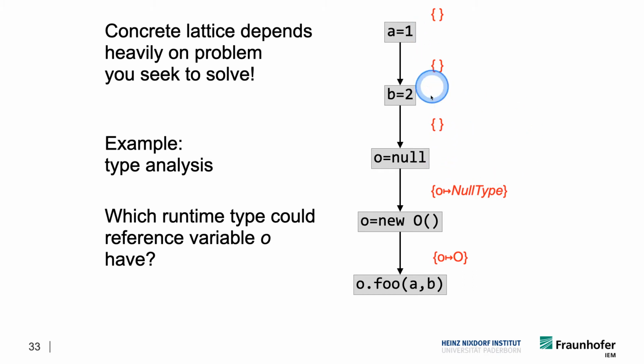And initially, we wouldn't know anything about O, which is the only reference type variable in this program. But here we do know something about O, namely that it's actually pointing to a null typed object, right? Or it's basically no object at all, but we are representing this by this null type constant. And then here it's actually pointing to an object of type O, big O, right? So here we would have this mapping, small o to big O, to represent that, right? So we would have a mapping in general from variable names to type identifiers.